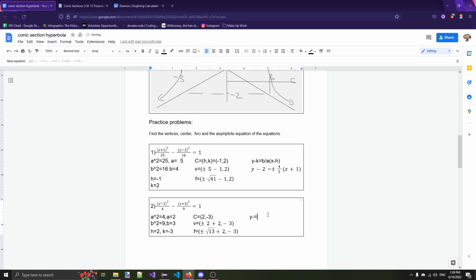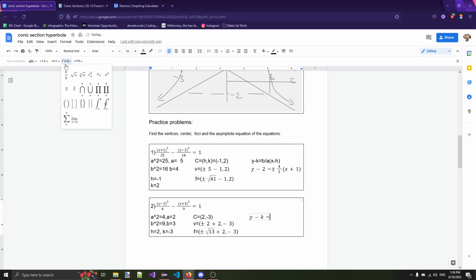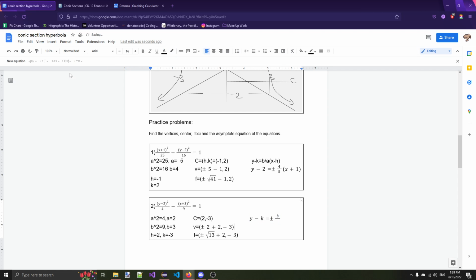So, y minus k. I'll write this as an equation this time. y minus k equals b over a times x minus h.